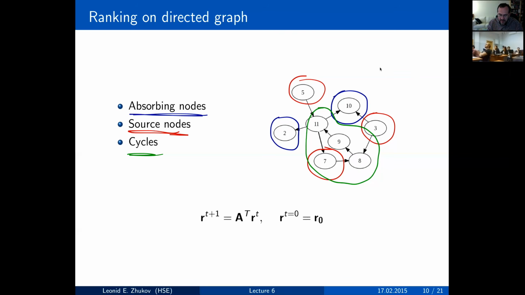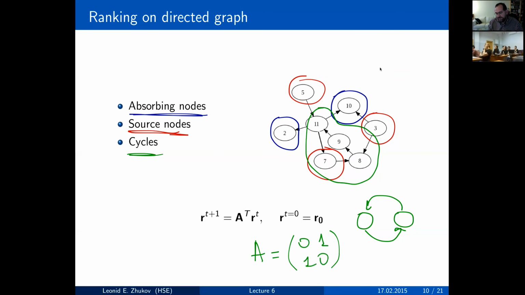Let's look at 2 nodes, node 1 and node 2, and let them be connected this way. The adjacency matrix that corresponds to this picture is 0, 1, 1, 0.